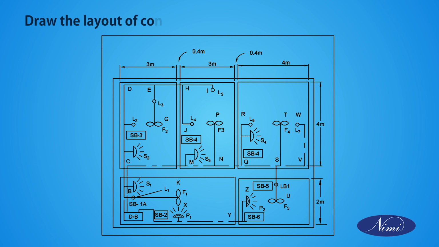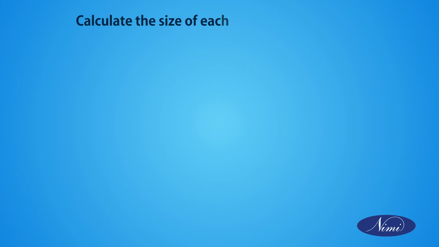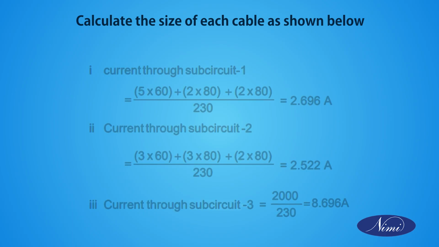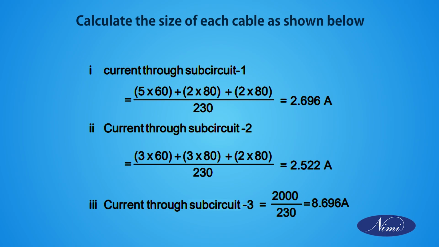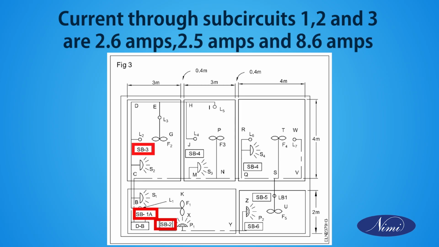Draw the layout of conduit, switchboard, loads and DB as shown. Calculate the size of each cable as shown below. Current through sub-circuit 1, 2, 3 are 2.6 amps, 2.5 amps and 8.6 amps.